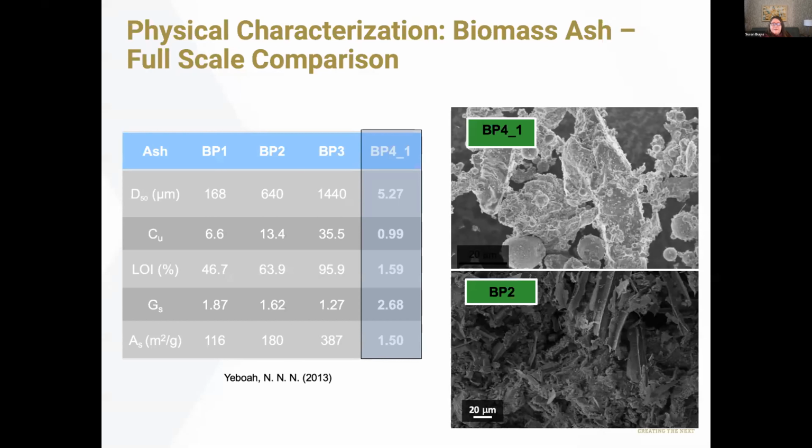BP4 is a full-scale power plant that is actually generating electricity for consumer consumption, right? So it's selling out. It's an as-needed addition to the power grid. And you can see that the values for BP4, the biomass plant 4, are substantially different than what we see in the smaller scale plant. So the other thing that's really critical when we're thinking about ashes is to understand the combustion conditions that produce the ash, because we'll see substantial differences depending on those conditions.